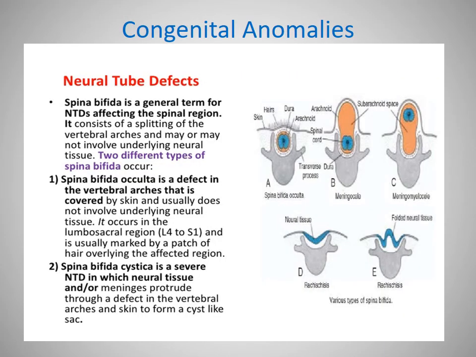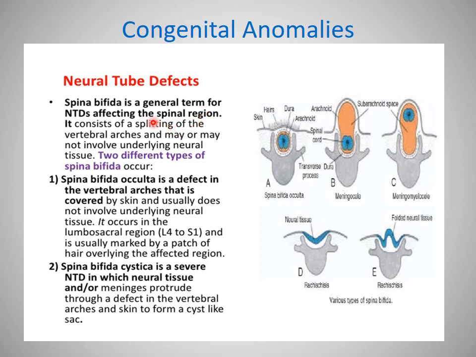Now, the congenital anomalies. There are various congenital anomalies associated with the development of the spinal cord, but they are called neural tube defects, because they are due to non-closure of the anterior or posterior neuropores. If there is non-closure of the anterior neuropore, it will result in anencephaly, whereas non-closure of the posterior neuropore will result in the neural tube defect called spina bifida.